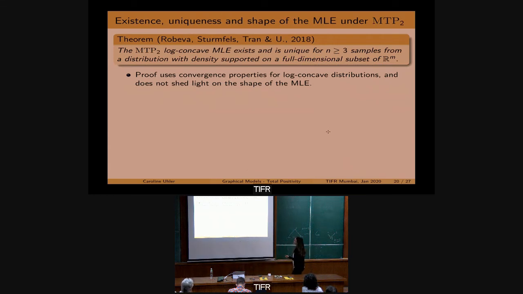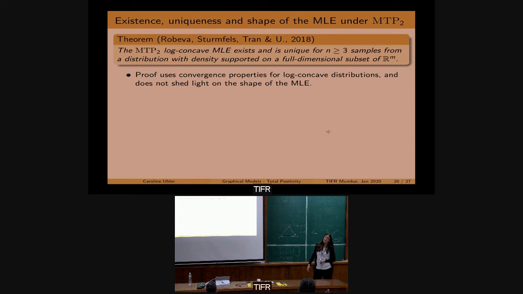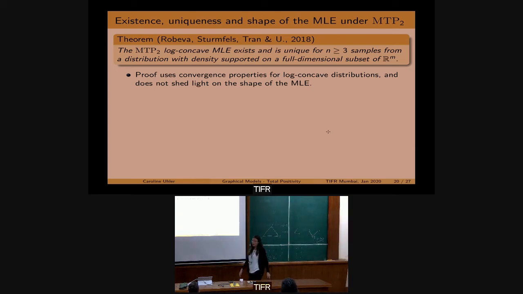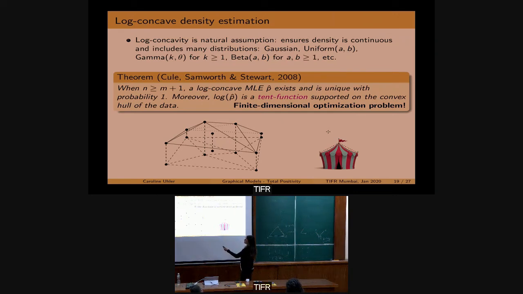First of all, I think this is still a nice result, and then comes something that we're not completely happy with. We ask, how many samples do we need for the existence of the MLE? Before, for just log concavity, you needed dimension plus 1 many. In the Gaussian setting, we said 2, right?